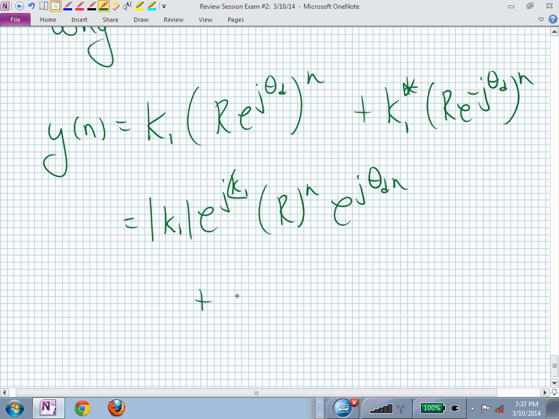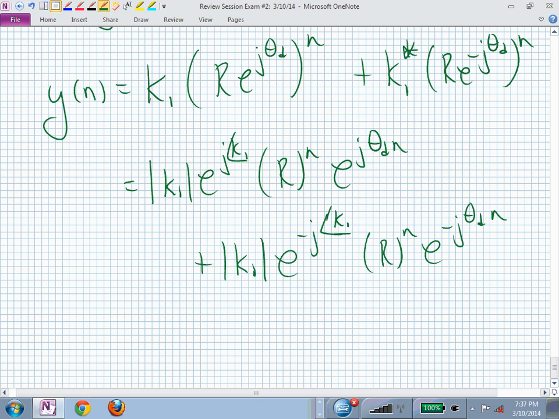The second term, the conjugate of a complex number, has the same modulus. It's the same distance away from the origin, so the magnitude is just the magnitude of k1. Its angle, since it's the conjugate, is the negative of the other angle, the angle of k1. And we have this other term, r^n, e^(-jθ_d n).